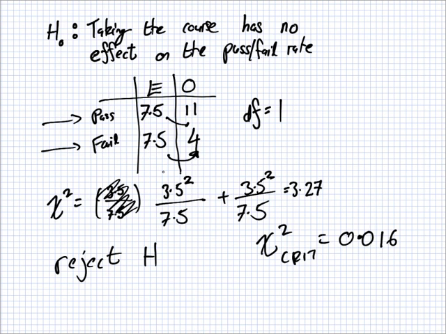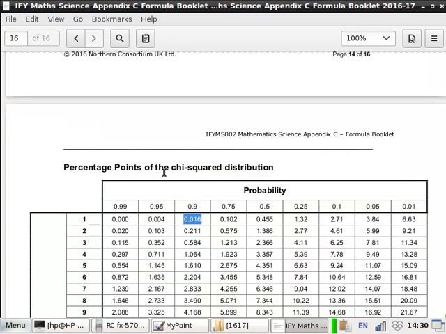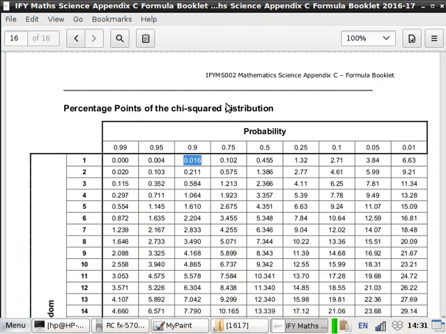Is okay? Yeah? By the way, I should point out that this table here is actually, whoever made this formula book did a bad job of it, because it's very normal to include a picture here. And you need this picture here to decide which values to use.